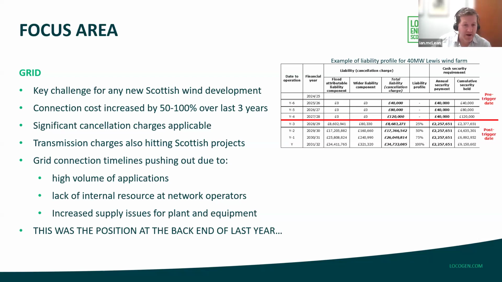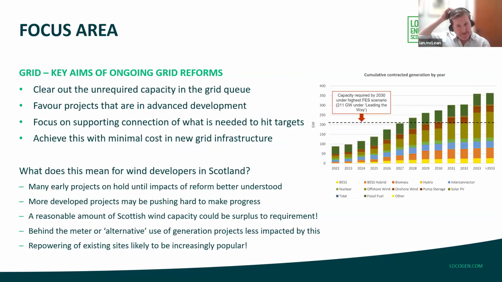I think it's safe to say that what's going on just now in the grid is the biggest shift in the renewables market since they withdrew all the renewable subsidies in 2015. It's going to have a huge impact on the industry, and I could easily spend the rest of the day setting out everything that is going on with the grid just now.